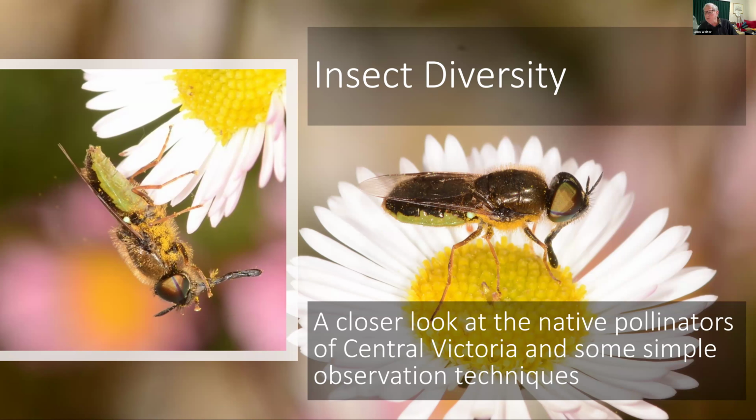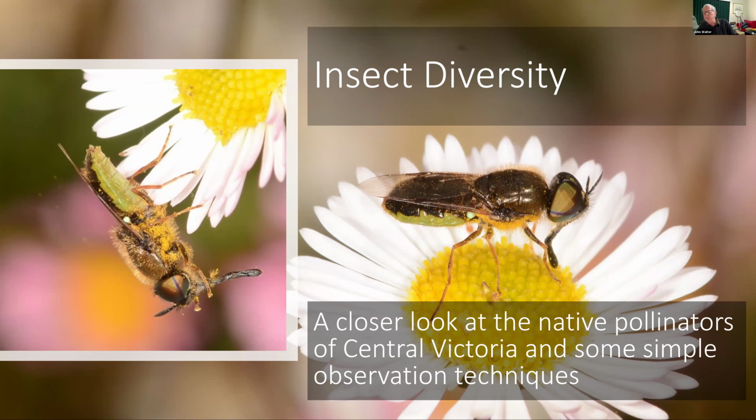Along the way, I learned a few simple techniques that help to get a better understanding of the insect fauna around us. I'll show you some of the main groups of pollinating insects. I'll flick through some slides with some pretty pictures to give you an understanding of the diversity.